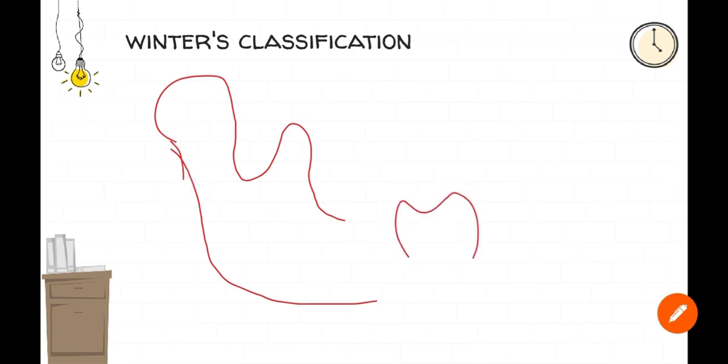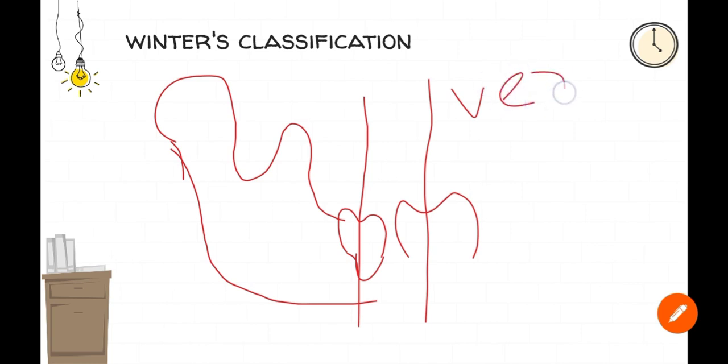This is again the mandibular second molar. If the third molar is located vertical to the mandibular second molar, this is the long axis, this is vertical to it, so this is vertical impaction.